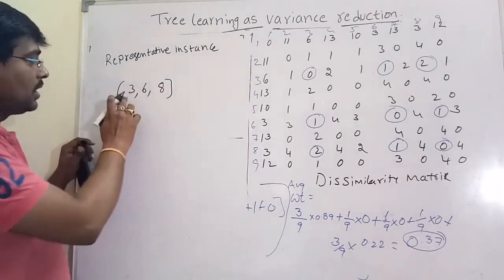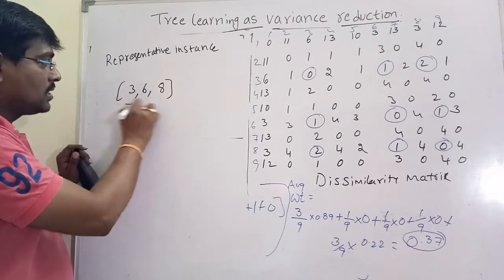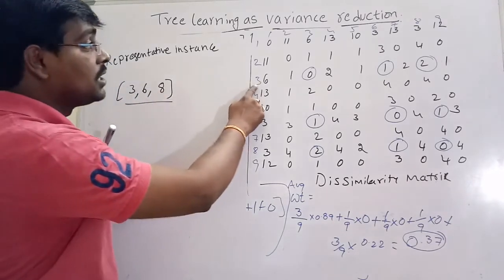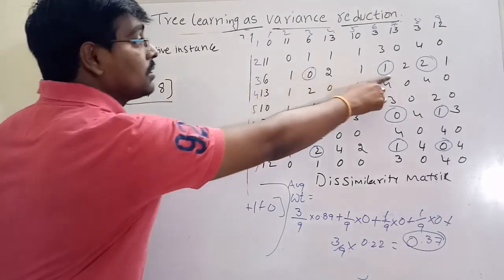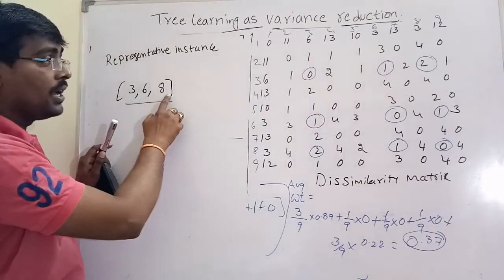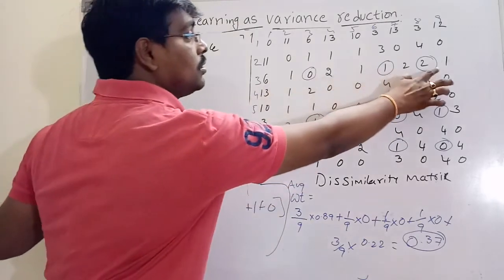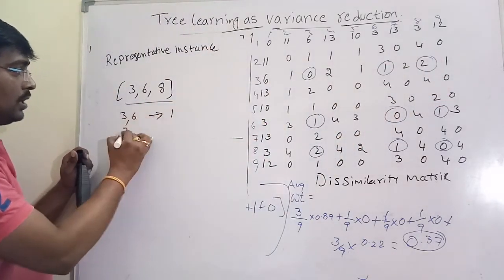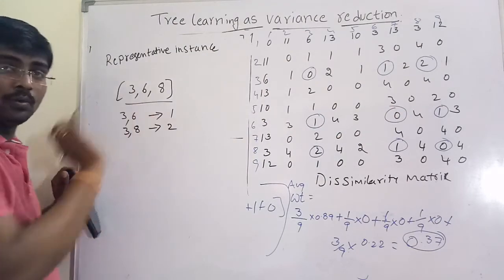What is the dissimilarity between 3 and 6? In this, what is the representative instance? Suppose 3 to 6, the value is 1. 3 to 8, the value is 2.